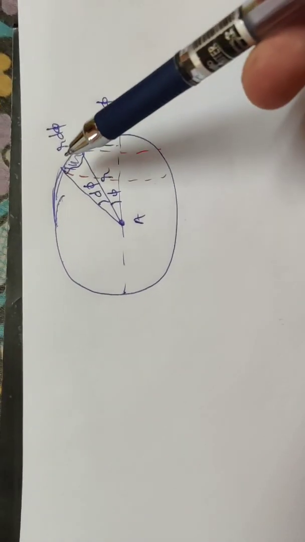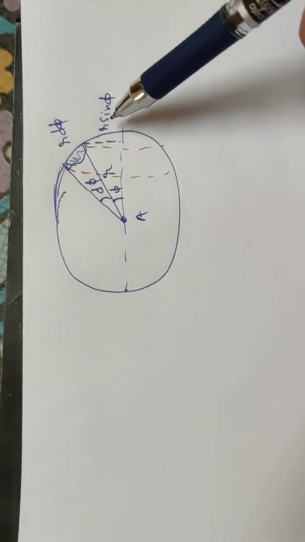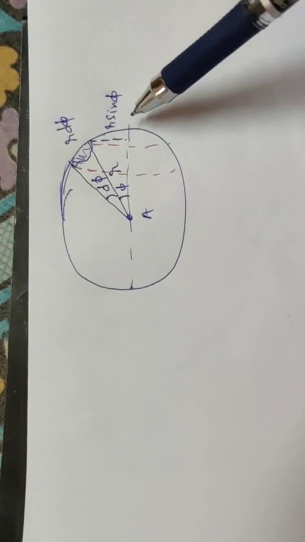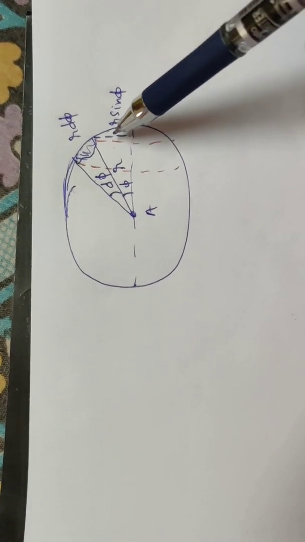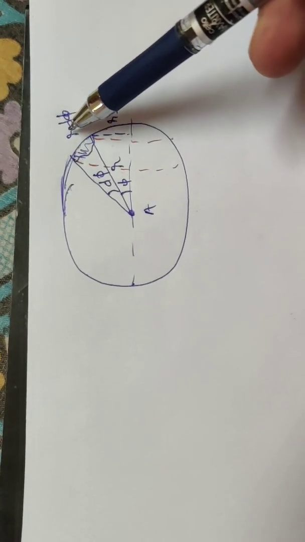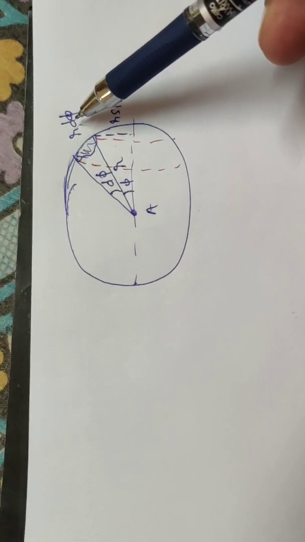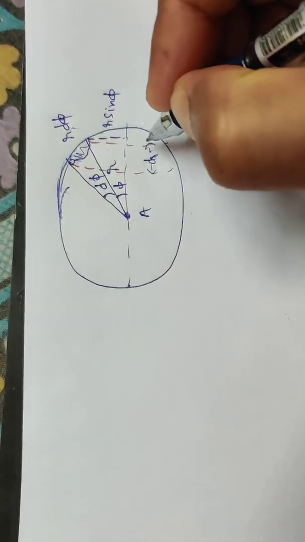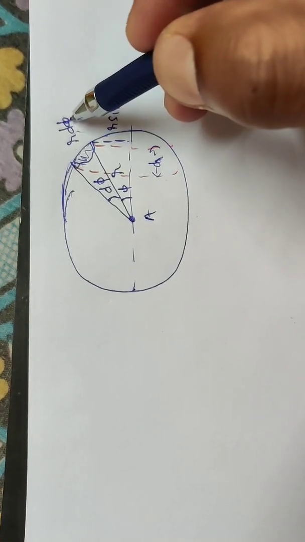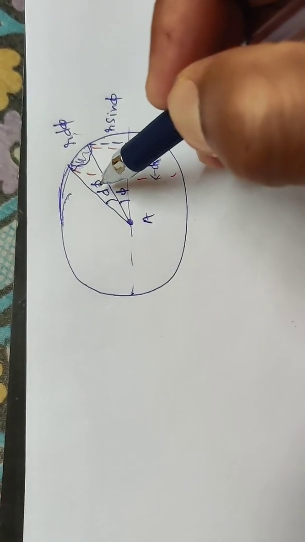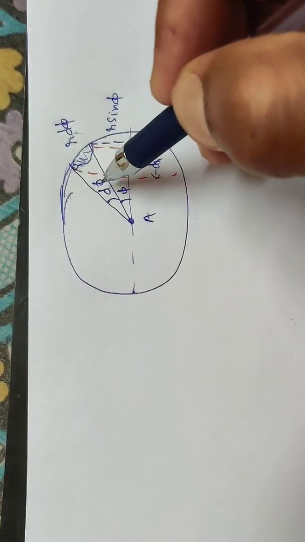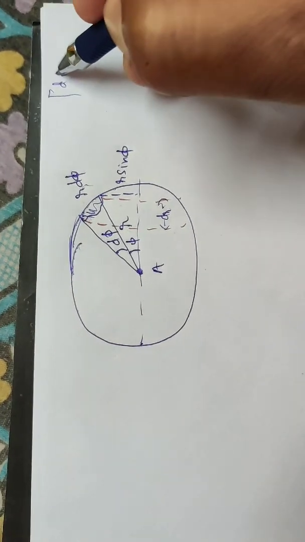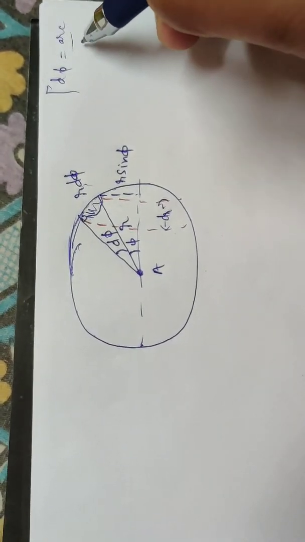So the volume element dv is a kind of annular ring, of radius r sin phi, whose width is r d phi, and whose thickness is dr. You can find r d phi because d phi, the angular displacement, is arc upon radius r.